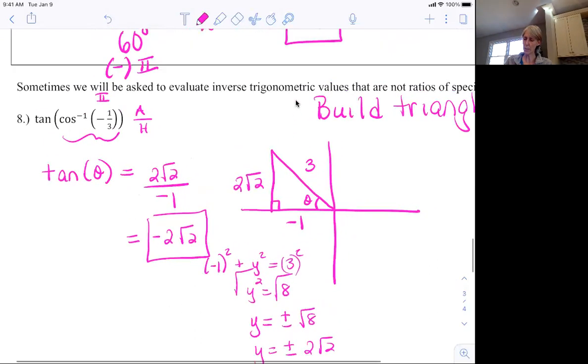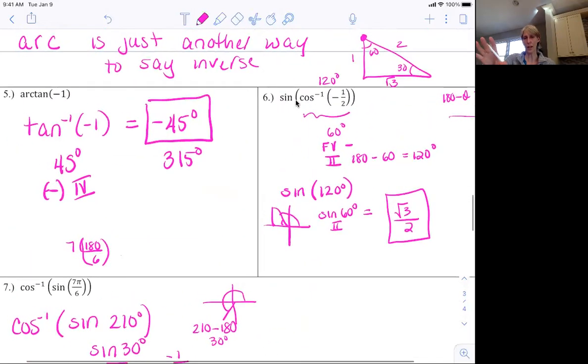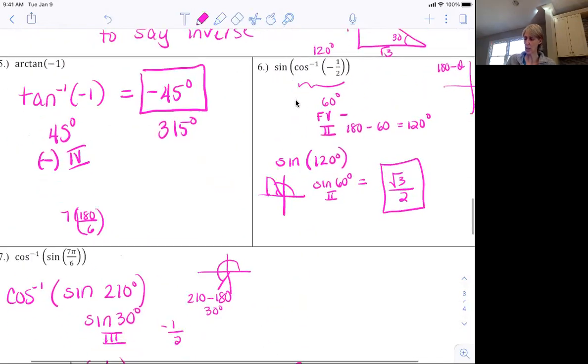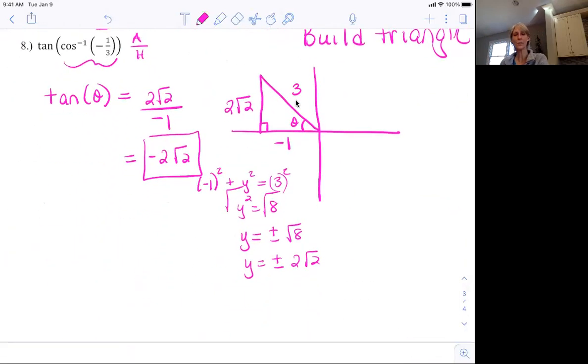So we talked a little bit about how to work backwards with inverse trig and set up exact function values when we can recognize our special triangles, and when we recognize we have to set up a triangle. Okay. Thanks again and see you soon.